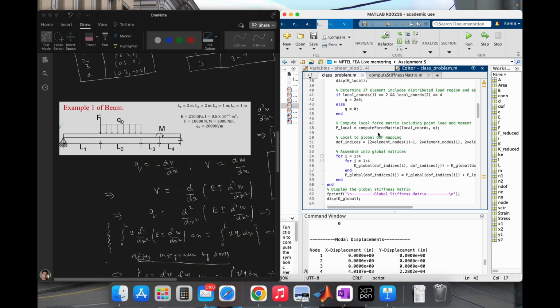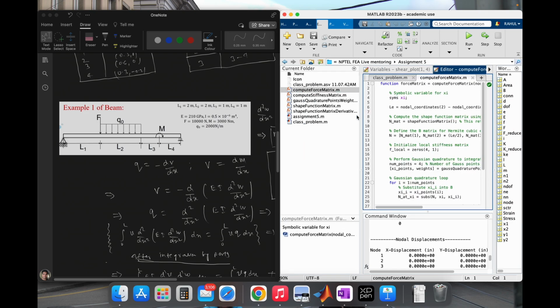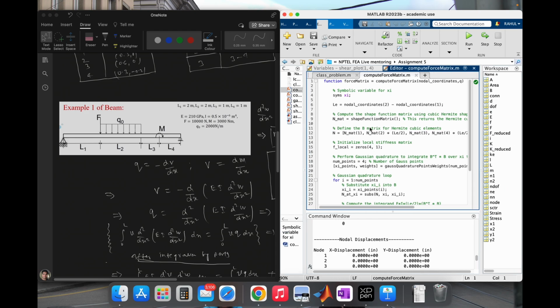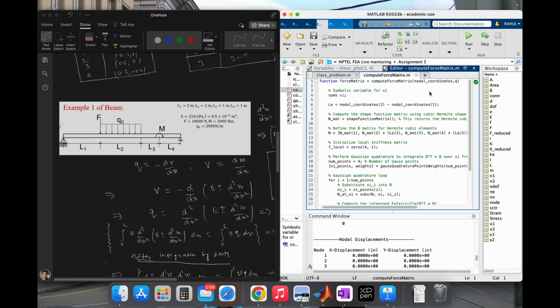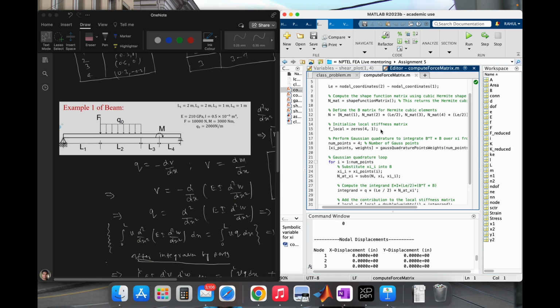Now we will use the compute force matrix. Compute force matrix will take the nodal coordinate and Q value.